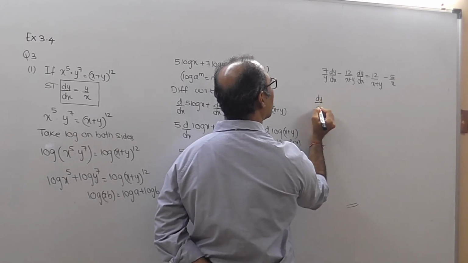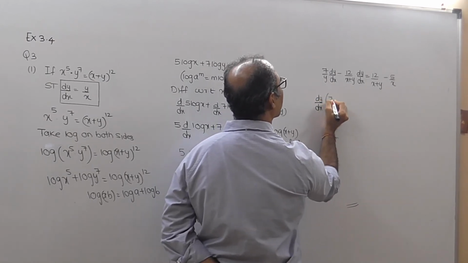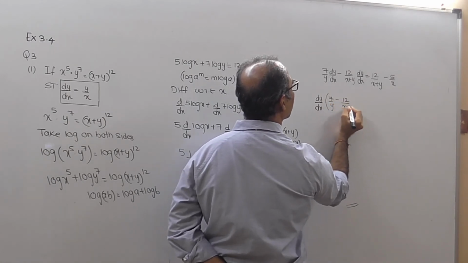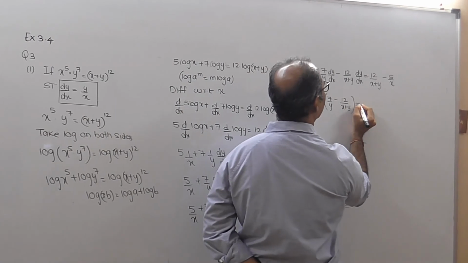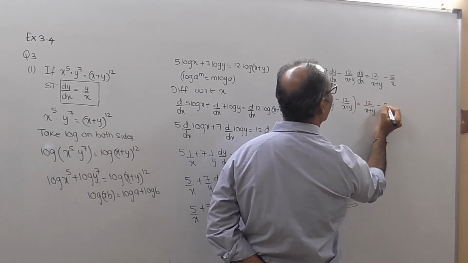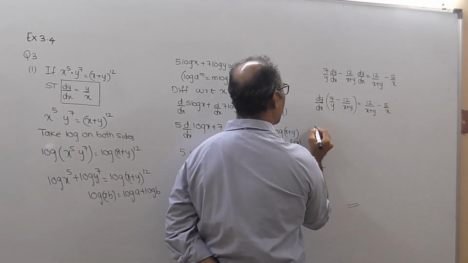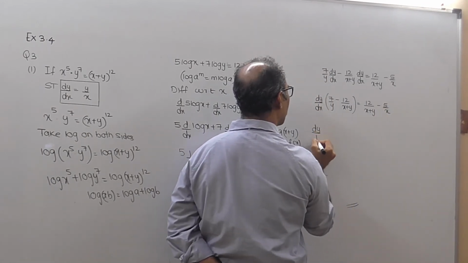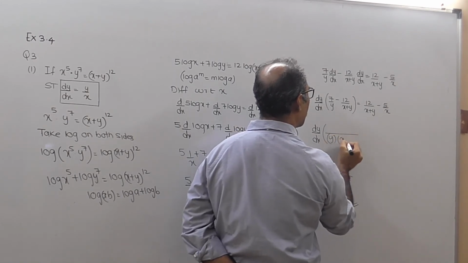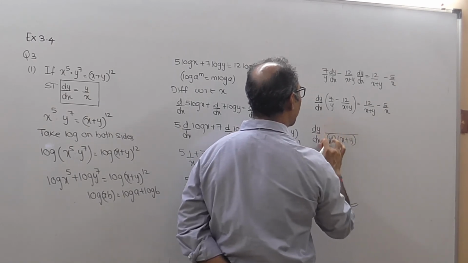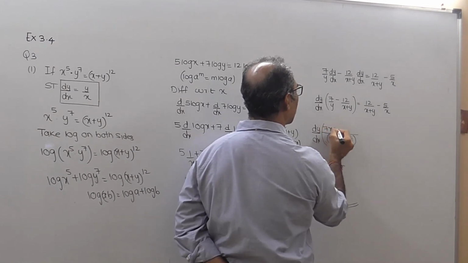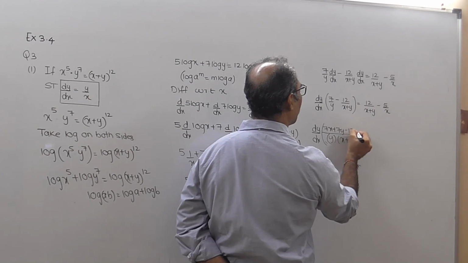What do you do? Take dy by dx common. So you get 7 upon y minus 12 upon x plus y. This is 12 upon x plus y minus 5 by x. So we can take LCM, y into x plus y. So you get 7x plus 7y minus 12y.